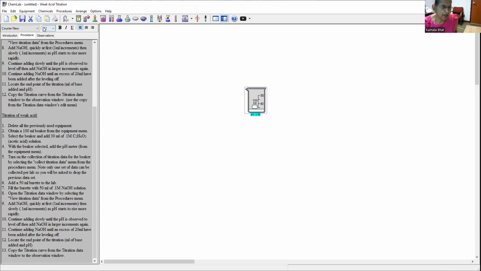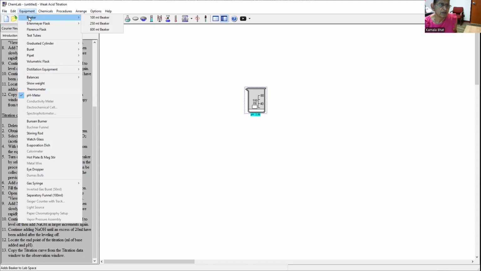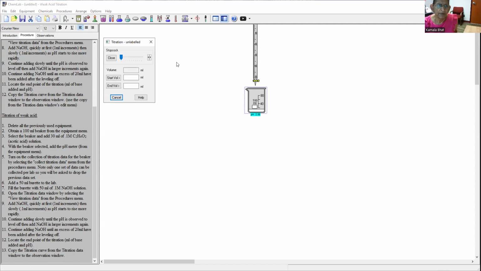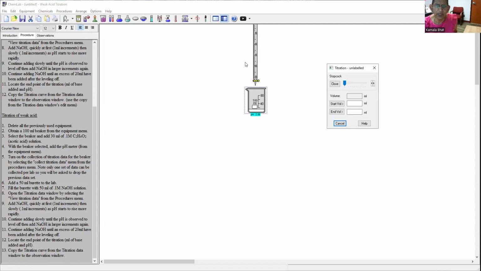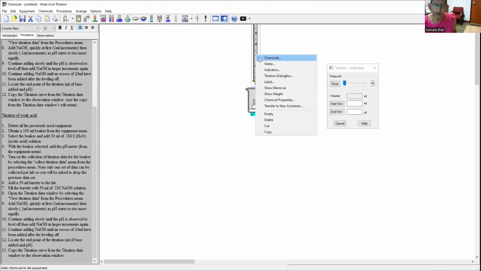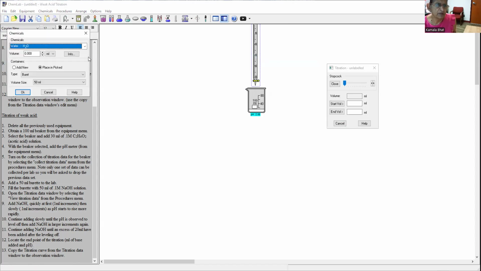Then I'm going to get a burette. Where is the burette? Get a 50 ml burette. You have your titration box there. Then add the chemical, sodium hydroxide.